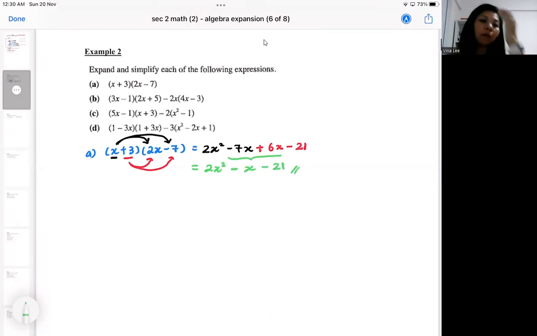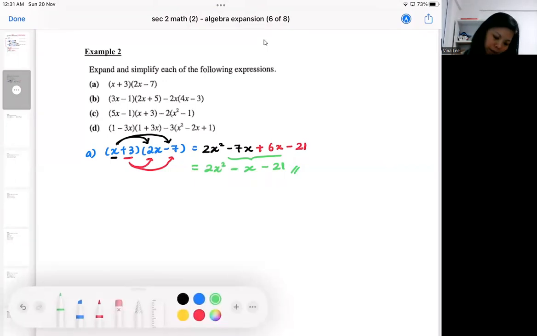If you are very good, you will be able to do this mentally. Some people, once they are used to it, can do this mentally. But if you are very prone to careless mistakes, I suggest please do it step by step.